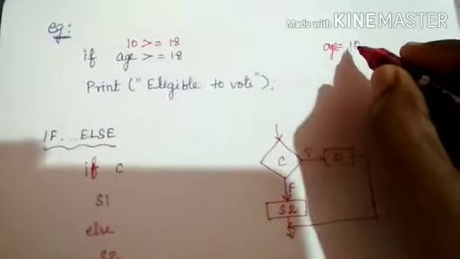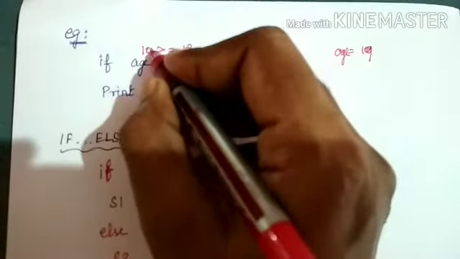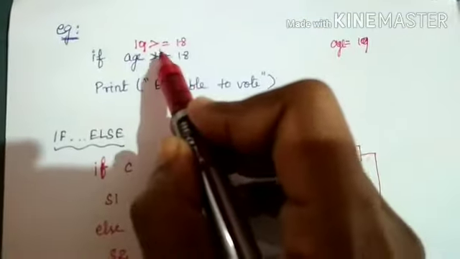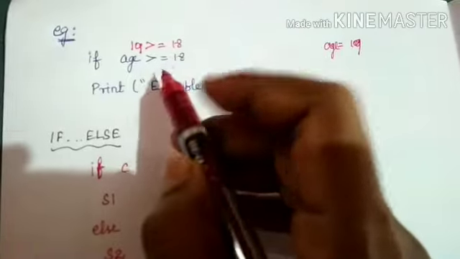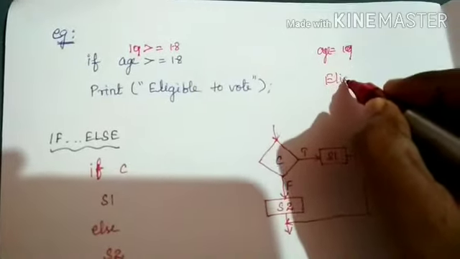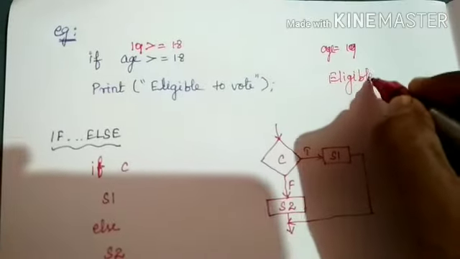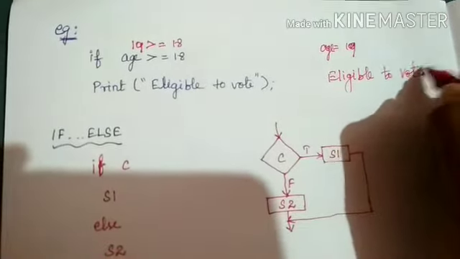If age equal to 19, 19 greater than or equal to 18. Here the condition is true or false? True. The output is eligible to vote. This is the executional process of the if statement.